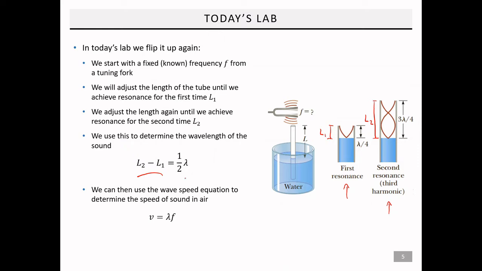In this way, we can determine what the wavelength of the wave inside of the tube is. Once we have the wavelength and we have the frequency, because this is known at the start, we can then determine the speed of sound in air.